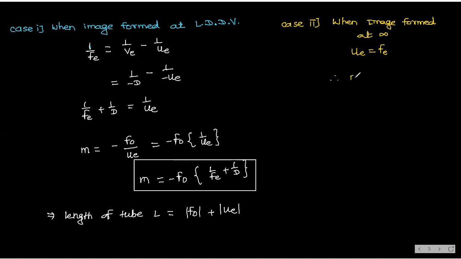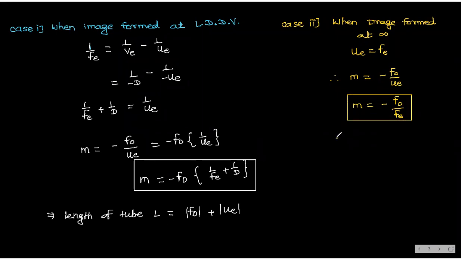Therefore the magnifying power m is equal to minus f naught by ue, the original formula. I'm just substituting Fe in place of ue, and therefore I am getting the formula minus f naught by Fe.